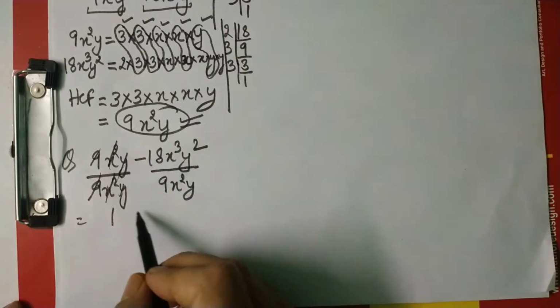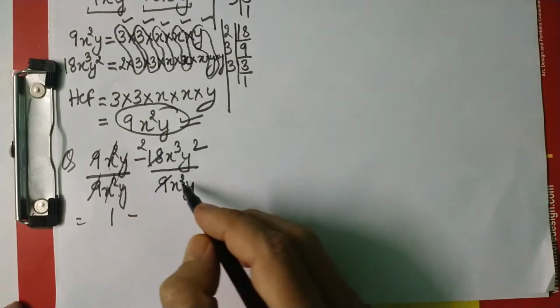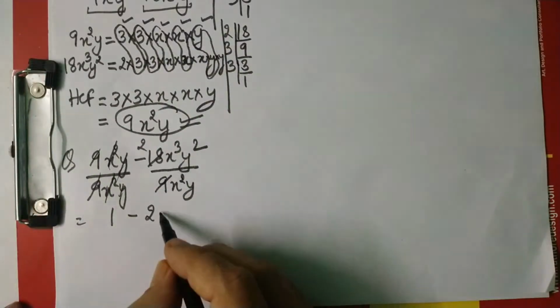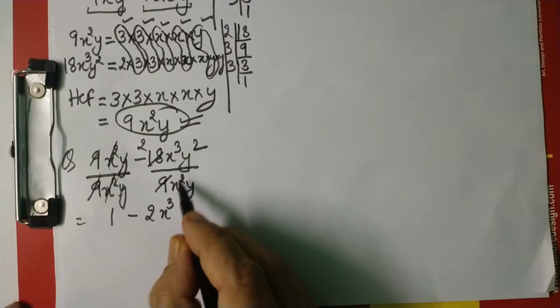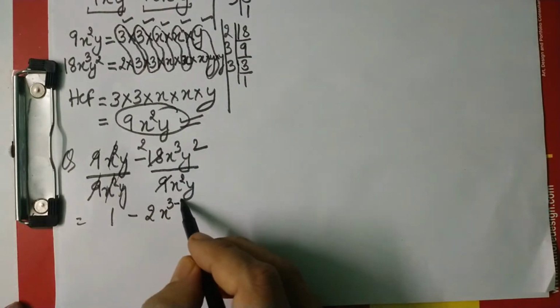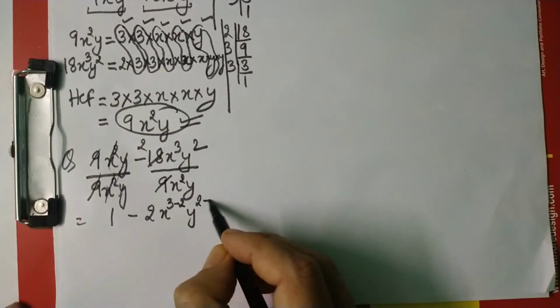And 9 will divide 18, so it becomes 2. For x square and x cube, you have done exponents, so it becomes x to the power 3 minus 2. Y is again 2 minus 1.